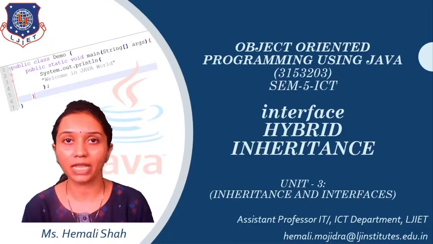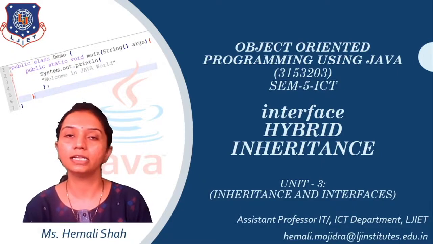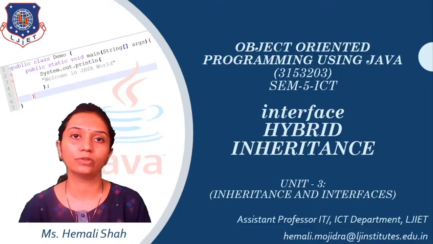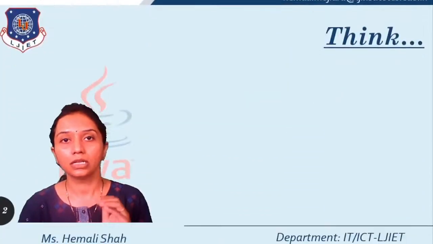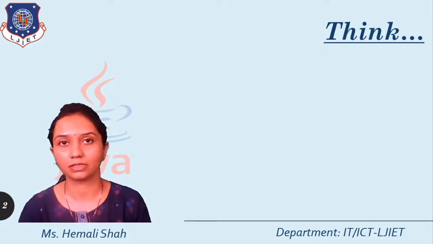Now this topic is a part of unit number 3, Interfaces and Inheritance. To learn this topic, you must have the idea about the types of inheritance, what is inheritance, and how we can use the inheritance concept with the interfaces.